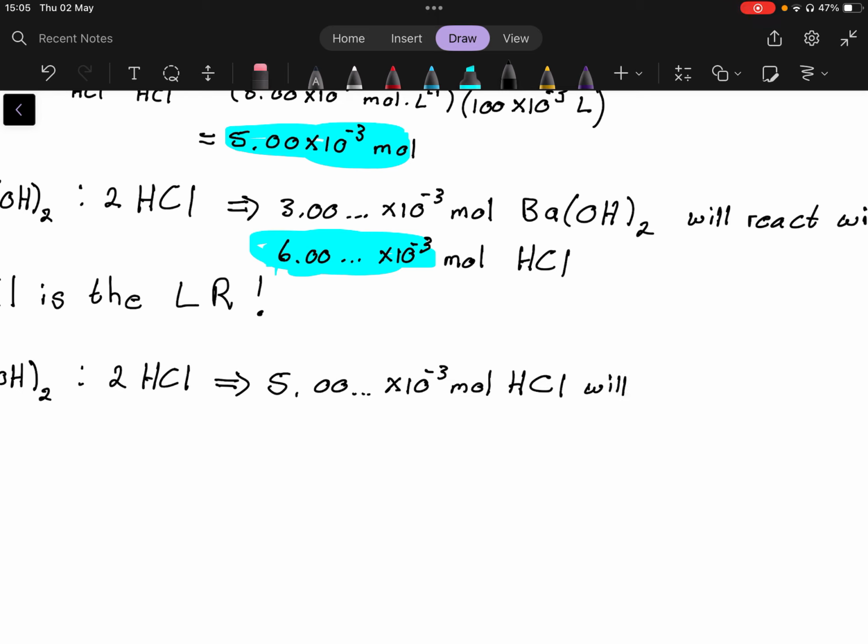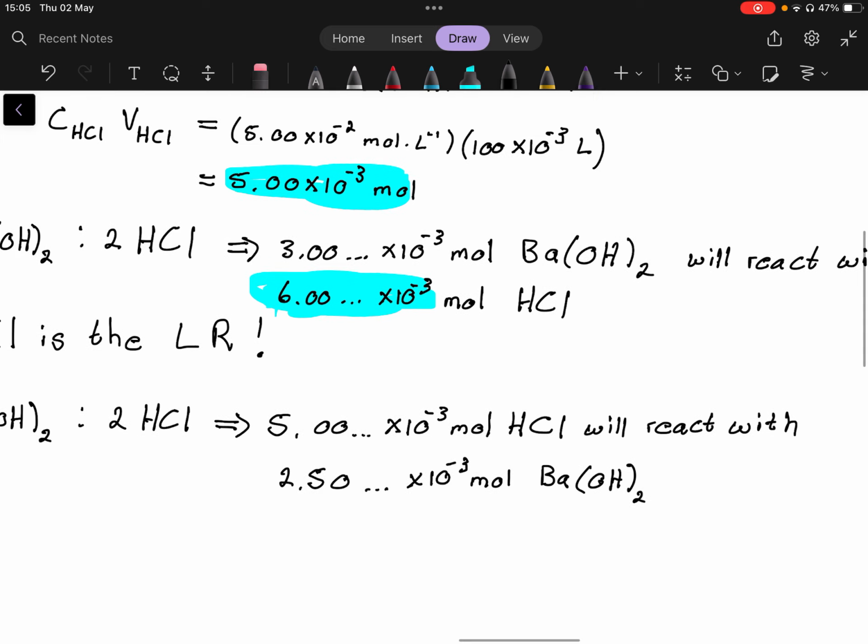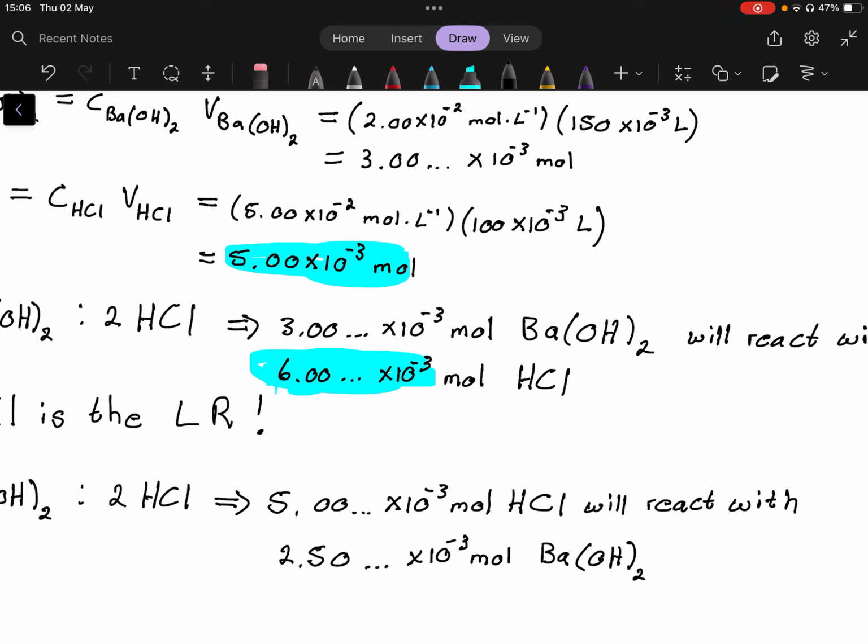So we'll react that divided by 2, so 2.50 times 10 to the negative 3 mole barium hydroxide. And how much barium hydroxide do we have? We have 3 times 10 to the negative 3. We're only using 2.5 times 10 to the negative 3, so that means there's going to be 0.5 times 10 to the negative 3 mole barium hydroxide still left in the reaction.